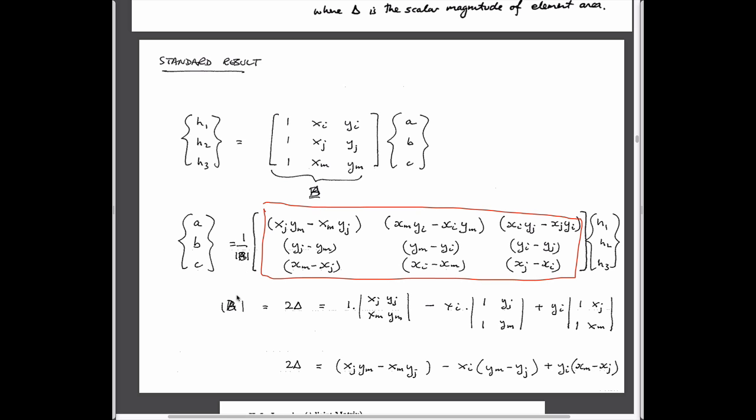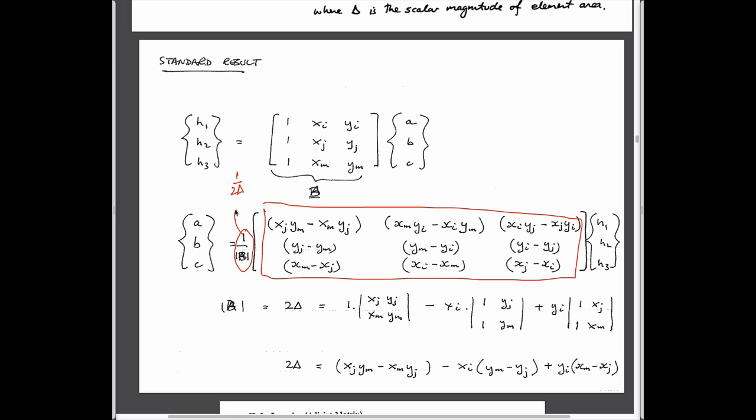This is 1 over the determinant. This term here is, in case it's not clear, just 1 over 2 times delta. This is the determinant of this component. The reason it's written like this, 2 times a triangle, is that the determinant is 2 times the area of the triangle.